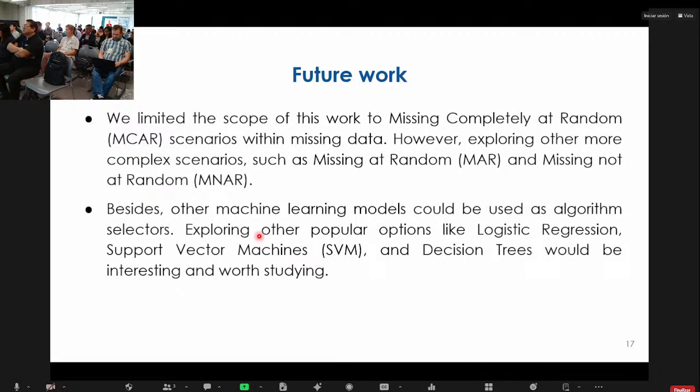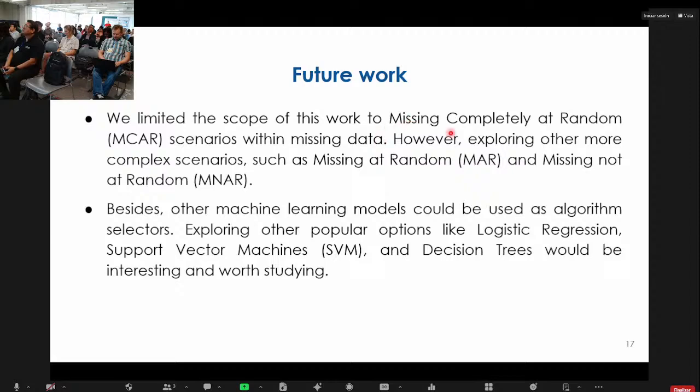And that brings us to our future work, because we think that we also need to work with missing completely at random scenarios for the missing data. More than that, we need more complex scenarios, such as missing at random and missing not at random.